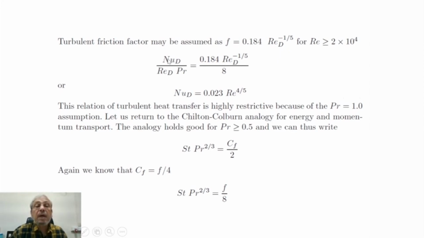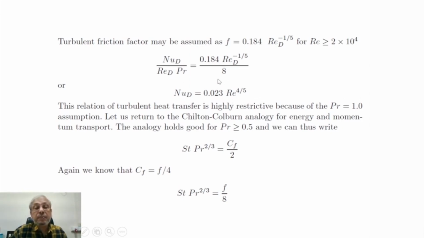So Nusselt number by Reynolds number into Prandtl number equal to 0.184 Reynolds number to the power minus 1/5, whole divided by 8. And if we do the algebra, we'll get Nusselt number based on duct diameter is 0.023 Reynolds number to the power 4 by 5.